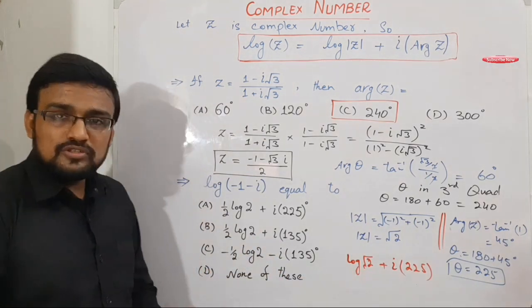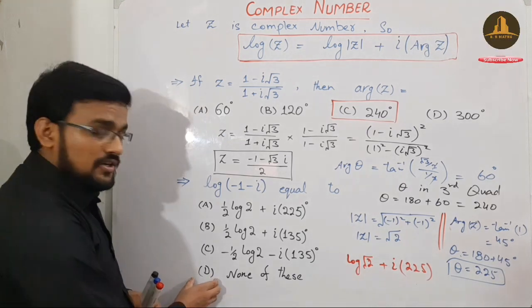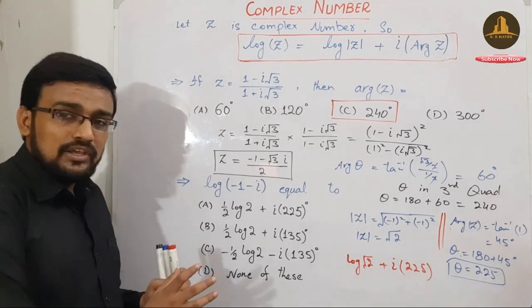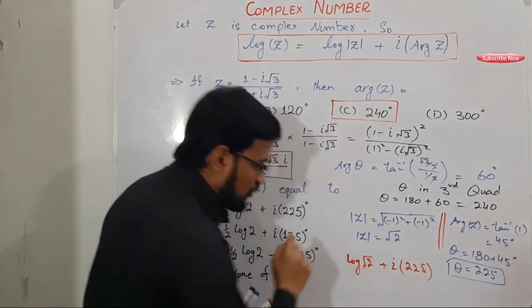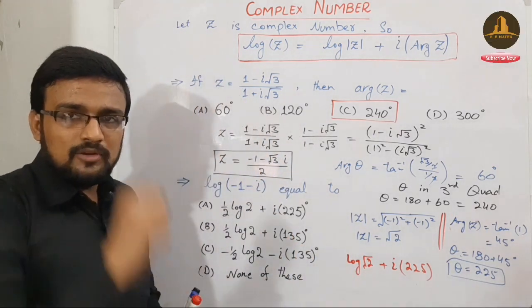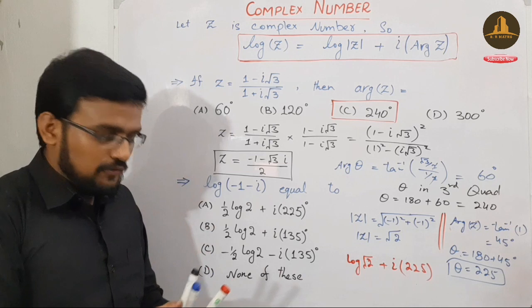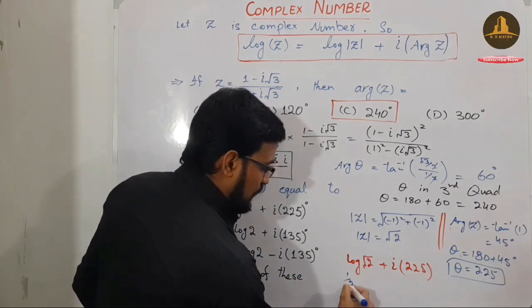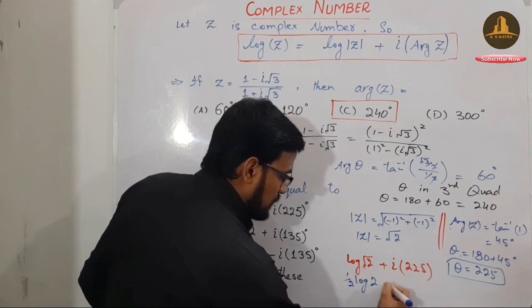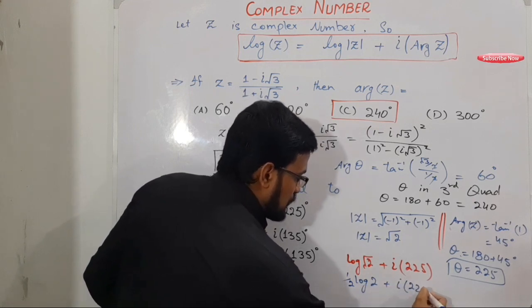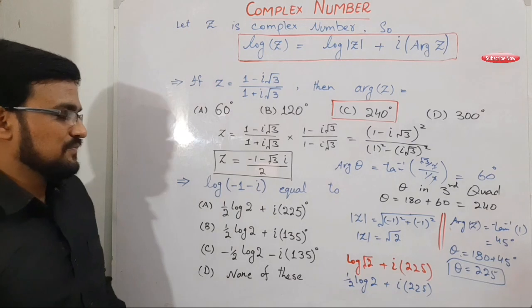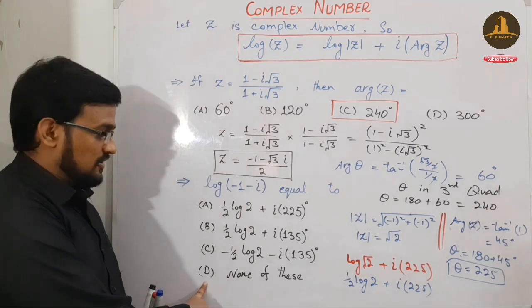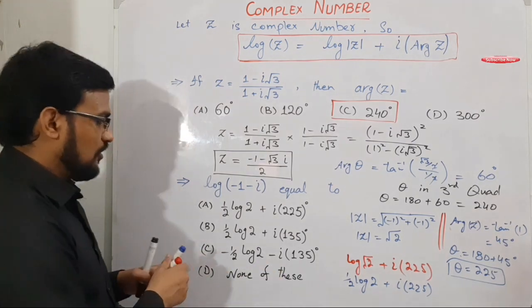This is the mistake for students, and mostly students attempt option D. But be careful, log square root 2 means log of 2 raised to power 1 by 2, and according to the law of logarithm, the power becomes a multiple, so the final result is 1 by 2 log of 2 plus iota 225. So student, there is no D option, it is option A.